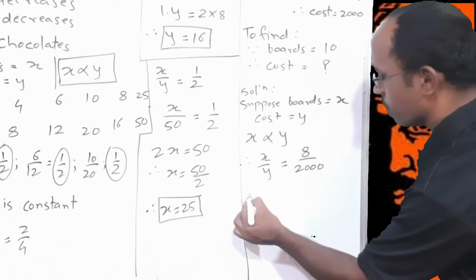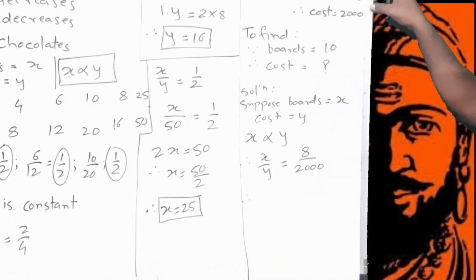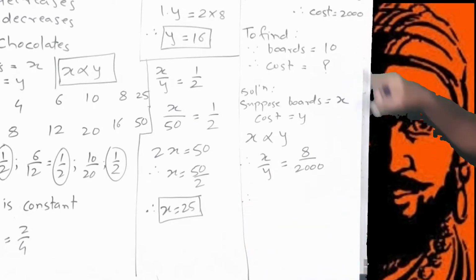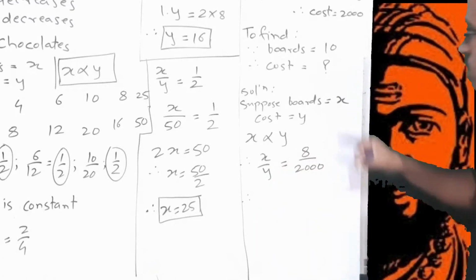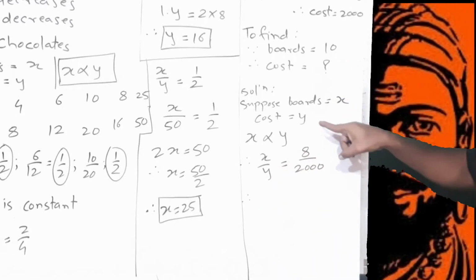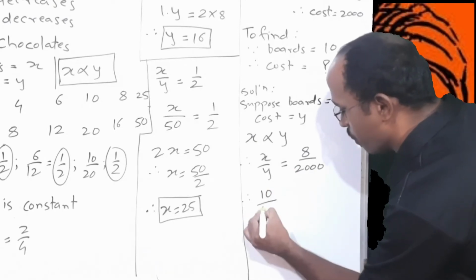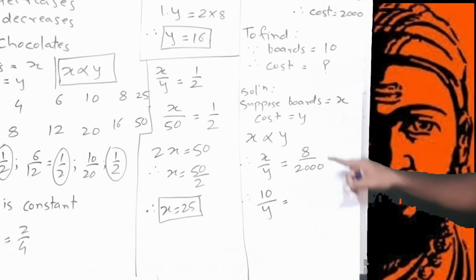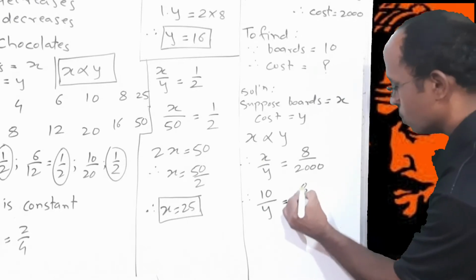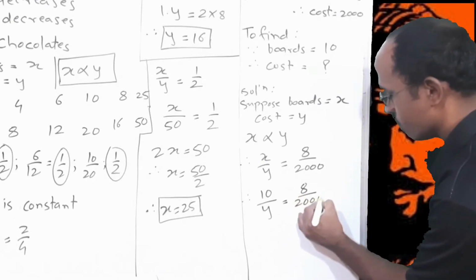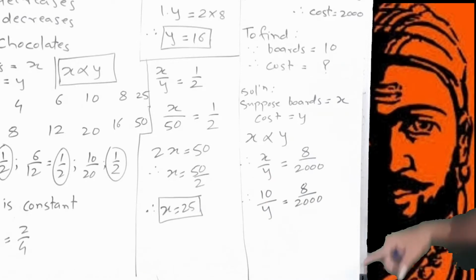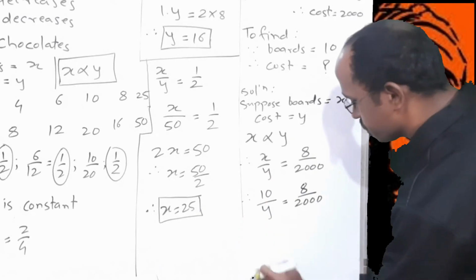Now we have to replace the values which we have to find. If boards equal to 10, so boards, what we have considered, boards equal to x or y? X. So at the place of x I will write 10 upon y is equal to 8 upon 2000. Just cross multiply and find the value of y.